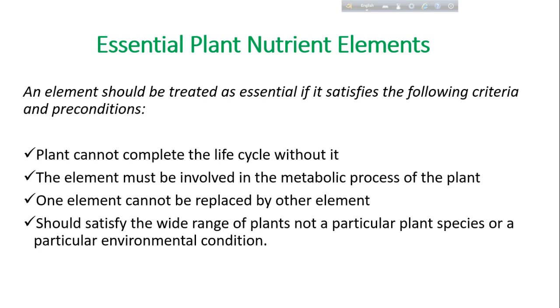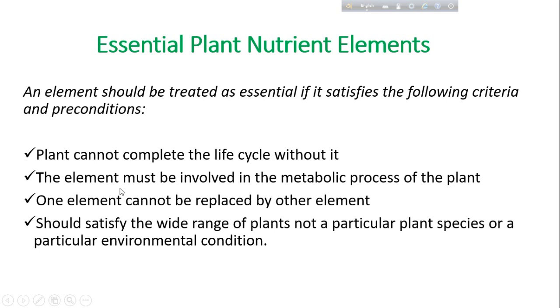So an element should be treated as essential if it satisfies the following criteria and preconditions. The condition is: the plant cannot complete the life cycle without it. Life cycle means the life system starting from seed and ending in the production of seed. That means seed to seed. The plant cannot complete this whole life cycle in the deficiency or absence of any of the 16 elements.